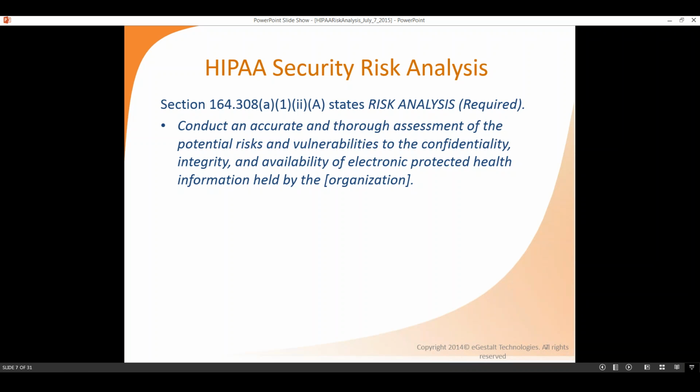This is the legalese coming from HIPAA, where it states that there's a need to conduct an accurate and thorough assessment of the potential risks and vulnerabilities to the confidentiality, integrity, and availability of protected health information. And so you hear some keywords here, which are risks, vulnerability, critical assets, which are PHI information, and we'll expand on that as we go along.